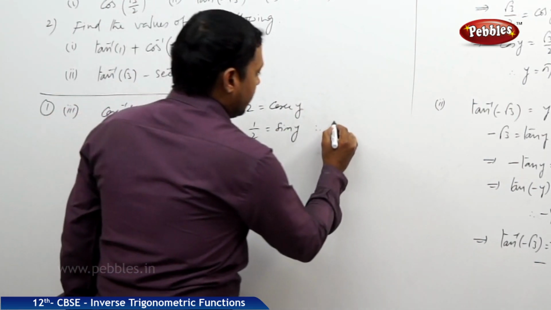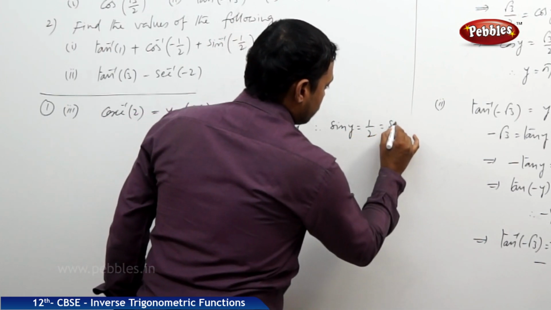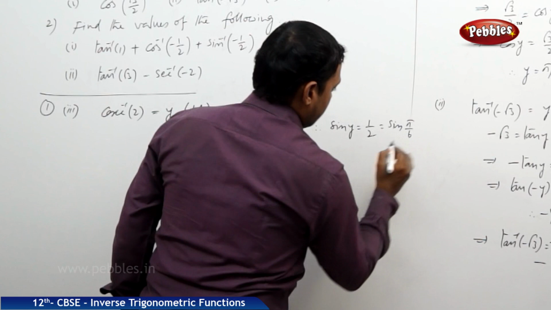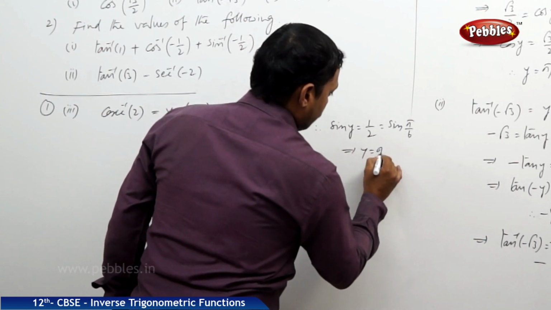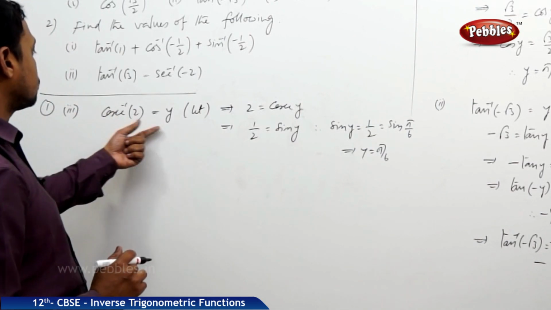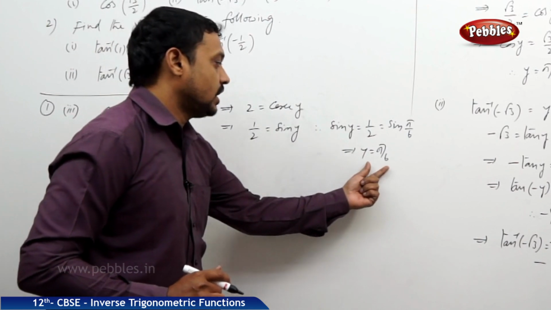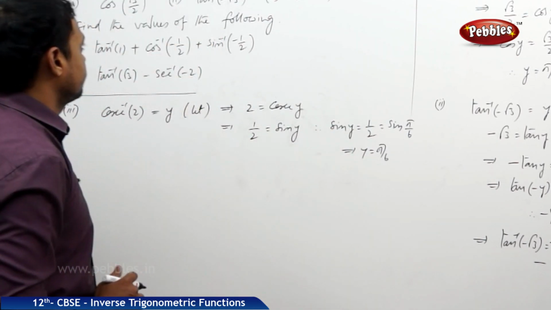Therefore, sin y is equal to 1 by 2, but 1 by 2 is equal to sin pi by 6. Hence, y is equal to pi by 6. But what is y? y is cosecant inverse 2. Therefore, cosecant inverse 2 is equal to pi by 6.